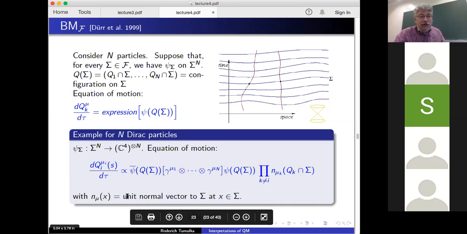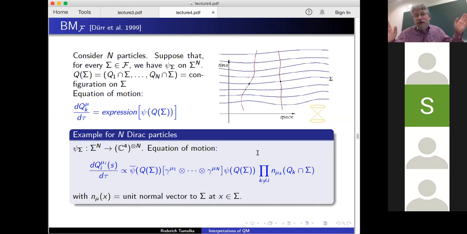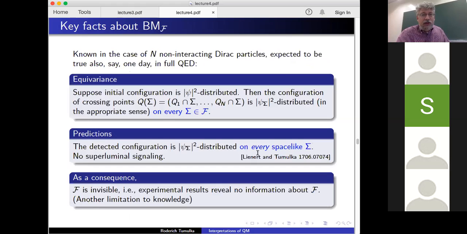So n^mu(x) is the unit normal vector to the surface sigma at the point x. So you use that to contract some of the indices. Okay, so I wrote down the equation so you get an impression of what the equations look like.